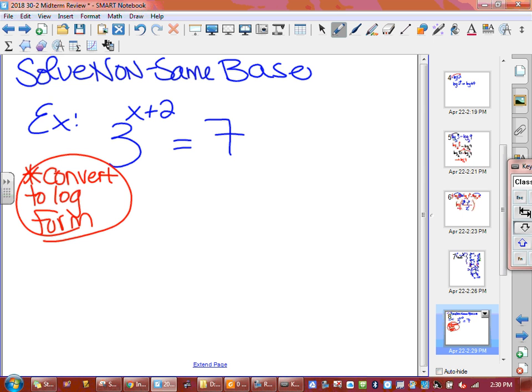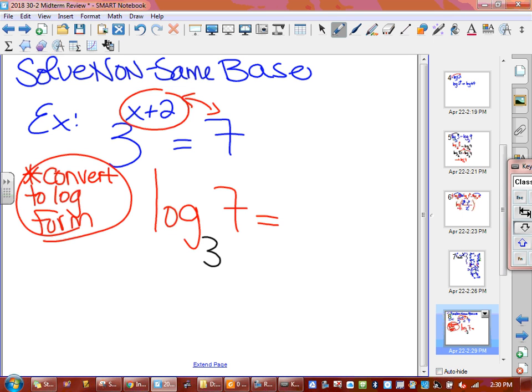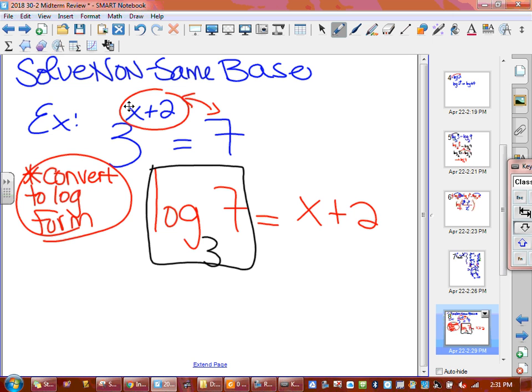So, the word log has to be written. The base will be dropped way down low. He goes there. And now these two switch places. So now the 7 goes inside. And on the outside of the equal sign, you're going to have x plus 2. Now the question isn't solved yet because you want to solve for x. So you could type this part in and then subtract 2, because you've got to get rid of this 2 to put it to the other side.